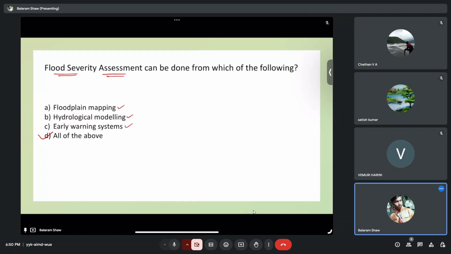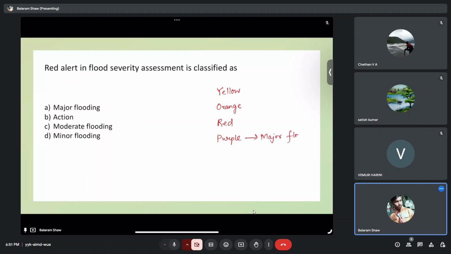The next question is, red alert in flood severity assessment is classified as. As we mentioned, the four classes we have are yellow, orange, red, and purple. Purple we use mostly for major flooding. Red alert we see when we have moderate flooding.